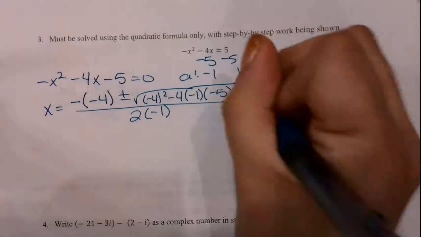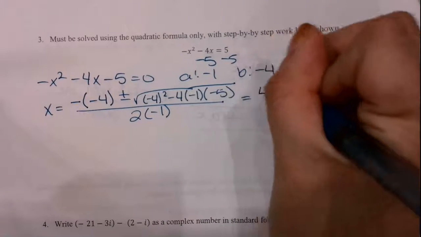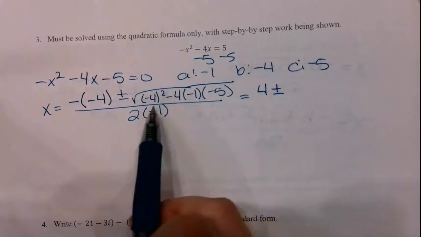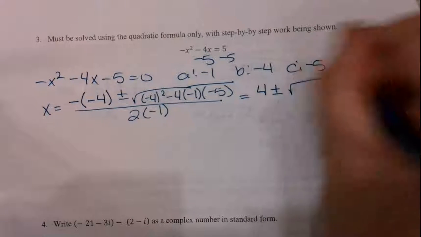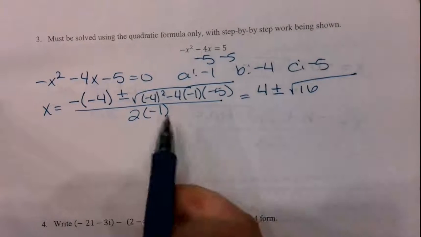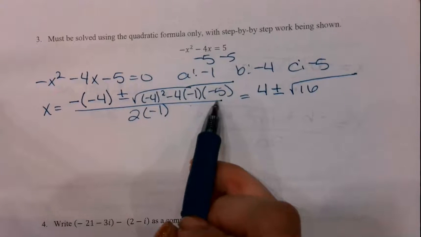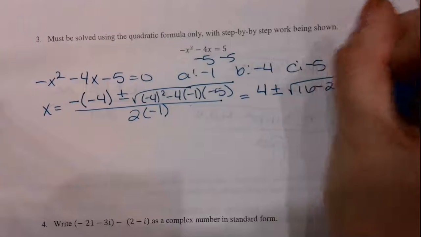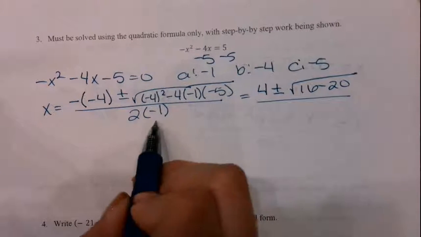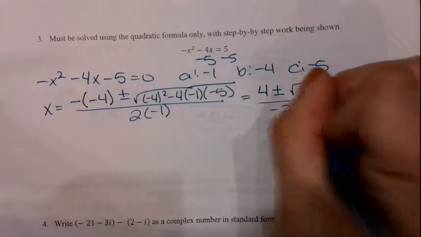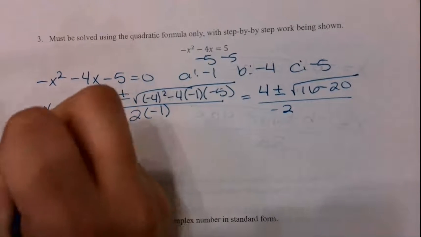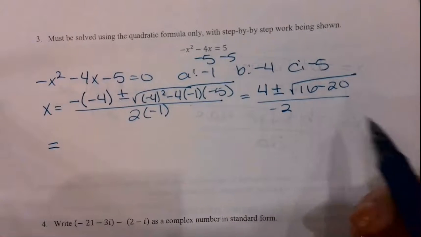Then I want to simplify. So negative negative 4 gives me positive 4. Negative 4 squared gives me 16. Negative 4 times negative 1 gives me positive 4. Positive 4 times negative 5 gives me negative 20. Then I have 2 times negative 1, which gives me negative 2. Then I want to subtract the numbers under my radical.